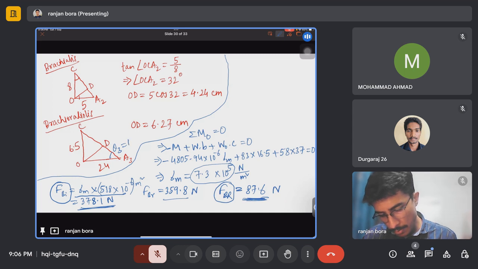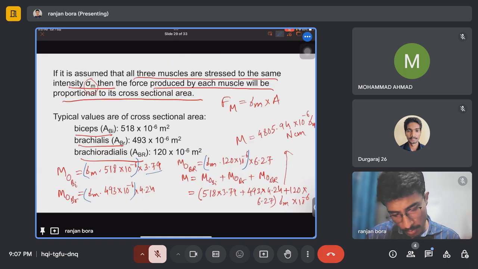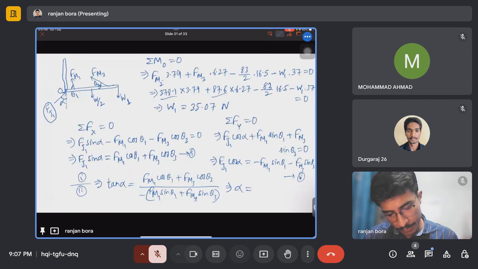This is 15.15 degree. So 86.8 and 15.15.